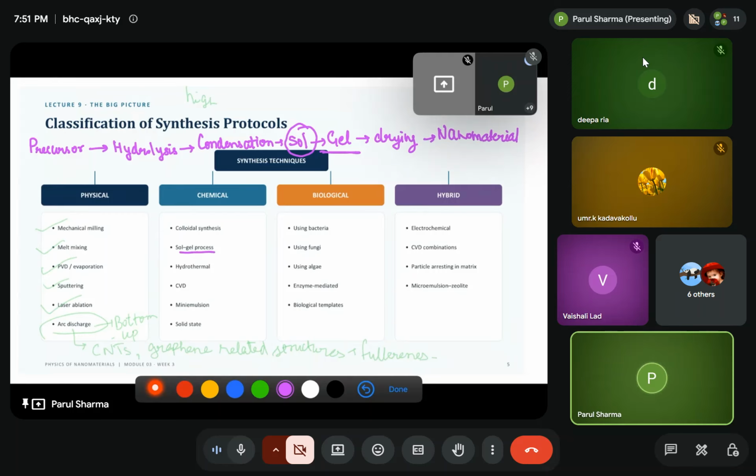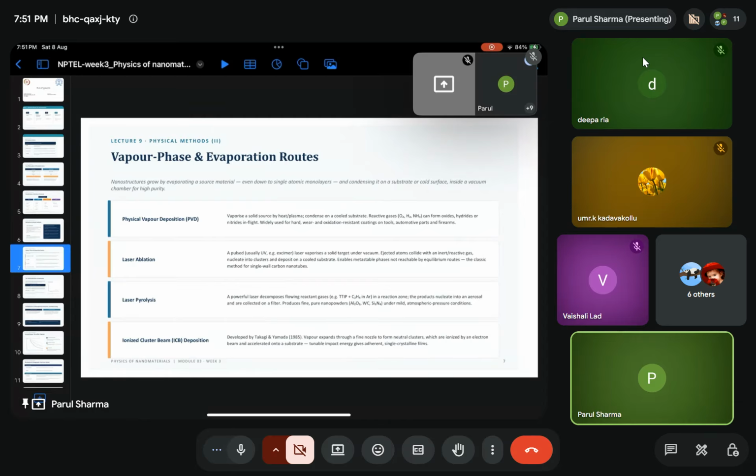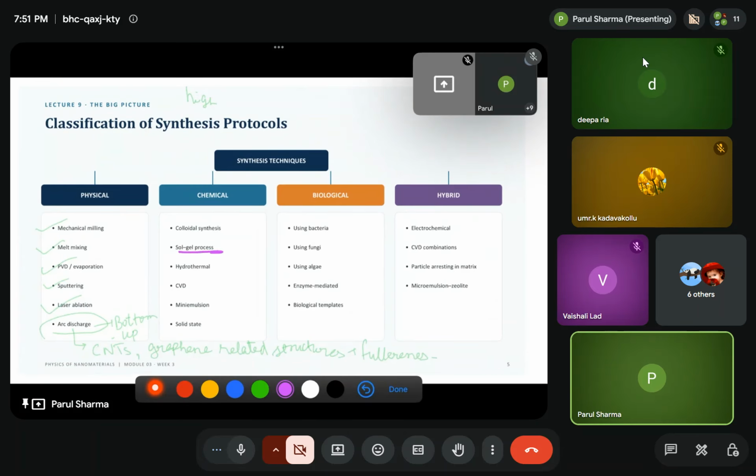For the starting material, there are two common types: metal alkoxides and metal salts.